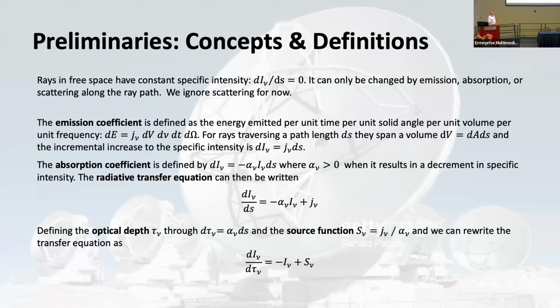Now, we've already talked about optical depth. Craig mentioned it several times. We define it simply as the path integral over the absorption coefficient. It's a very useful idea. So we can rewrite the transfer equation in terms of specific intensity and the so-called source function, which is just the ratio of the emission coefficient to the absorption coefficient.